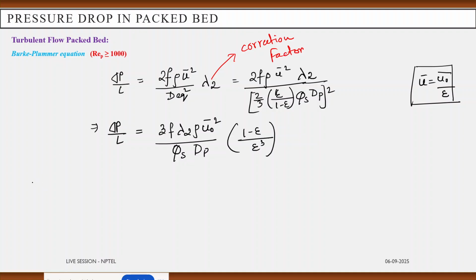So following an empirical equation for pressure drop in the packed bed condition for turbulent flow, they give the relation between these two, and it produces the Burke-Plummer equation.